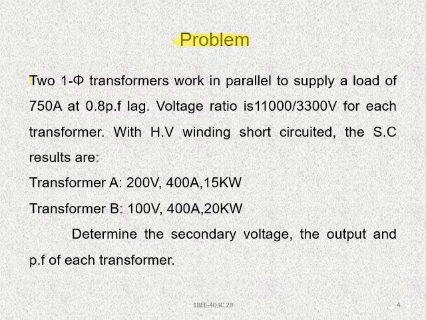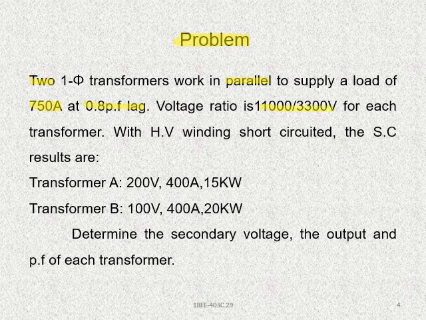Firstly, two single phase transformers work in parallel to supply a load of 750 amps at 0.8 power factor lag, and the voltage ratio is 11,000 by 3,300 volts for each transformer.